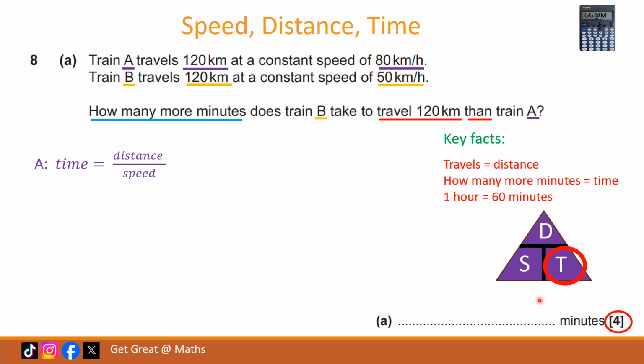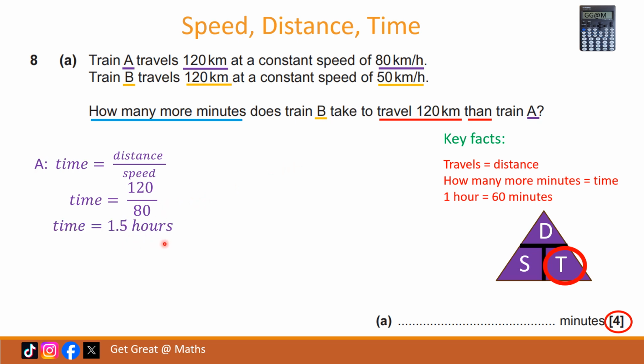So to start with, we should be looking at train A. Now train A, we know we've got to find the time and it is the distance divided by the speed. Now my distance in the question for A was 120. My speed here is 80. So time is 120 divided by 80. Now this is a calculator paper, so you could just type this into your calculator to get an answer of 1.5.